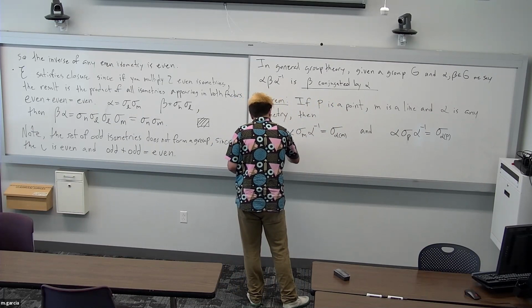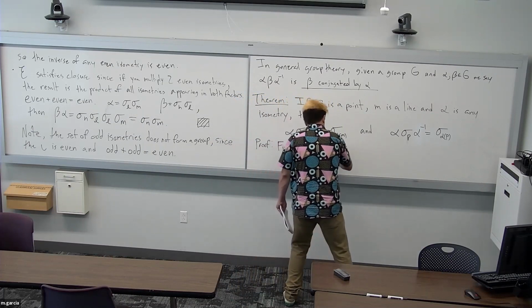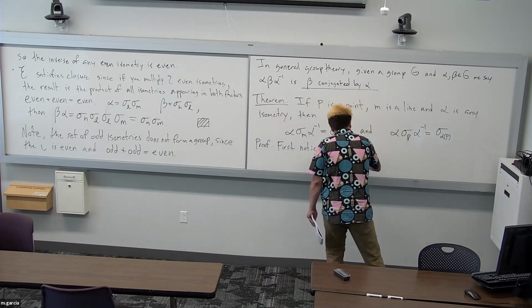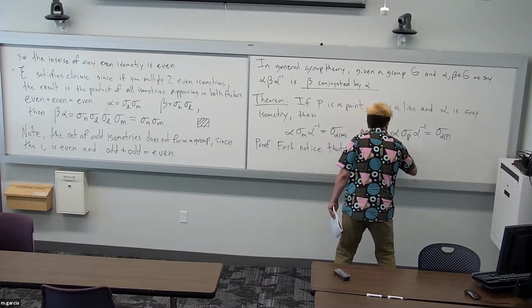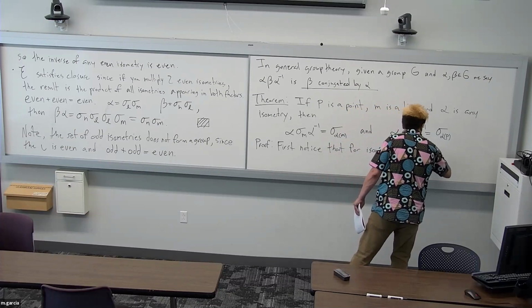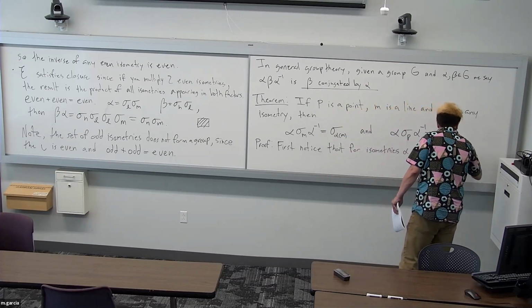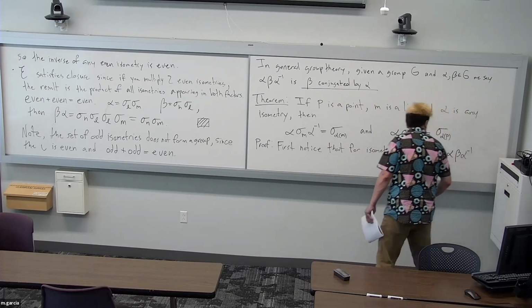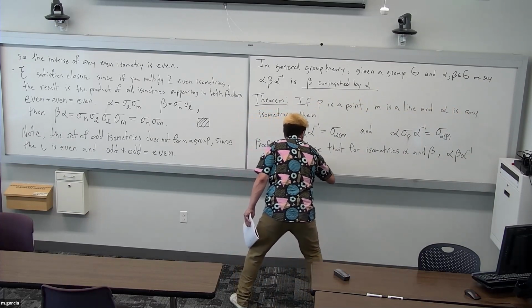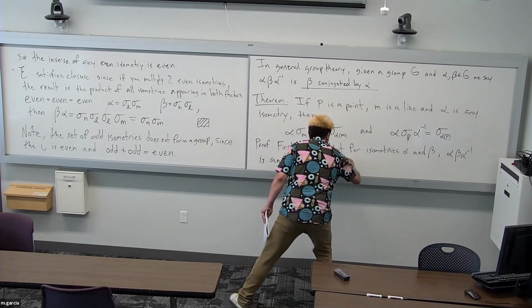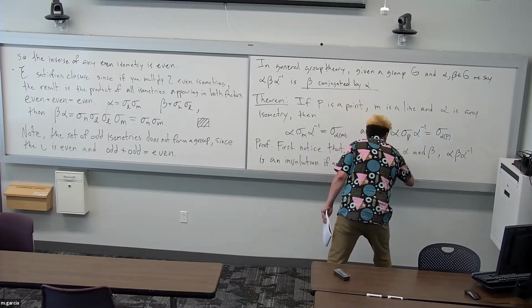First, notice that for any isometries alpha and beta, alpha, beta, alpha inverse is an involution if and only if beta is an involution.